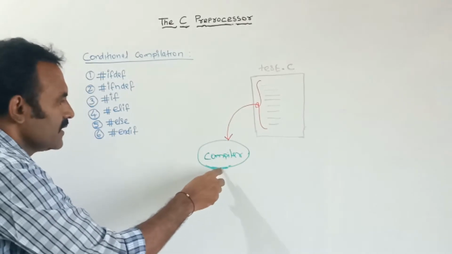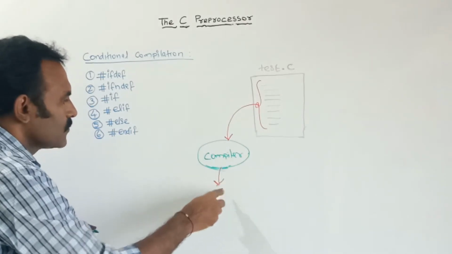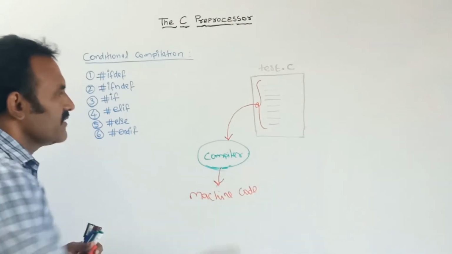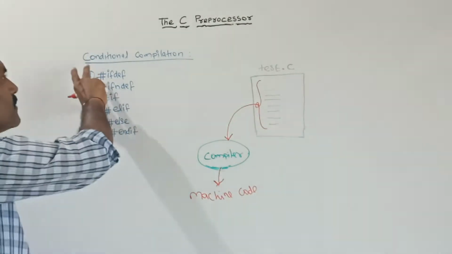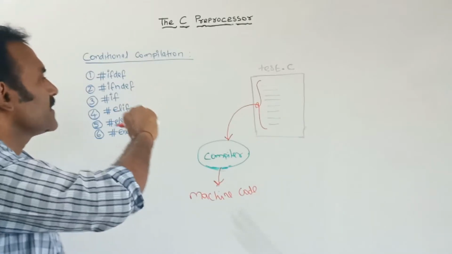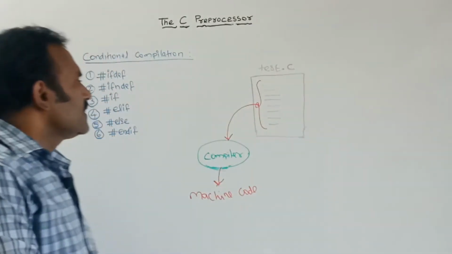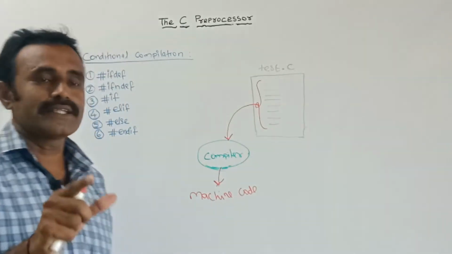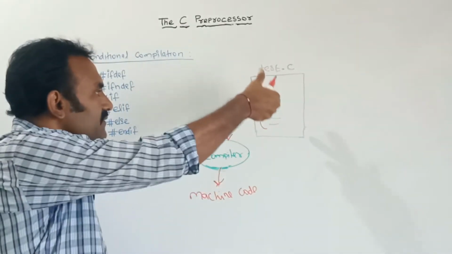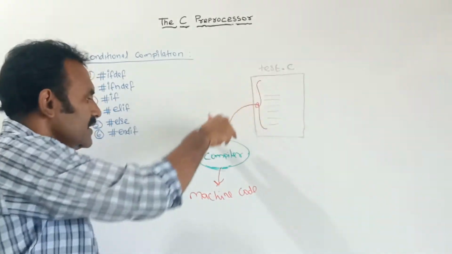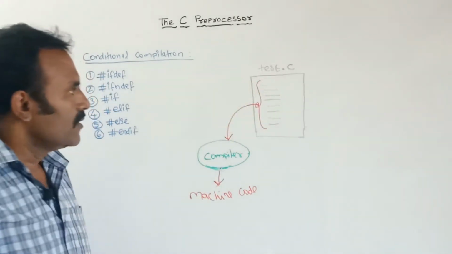After that, it will translate it to machine code. We can already see this on the very first page: with the preprocessor directive we can include some files. The next stage is compilation, where the compiler takes the source code we have written in our editor and converts it to machine code.